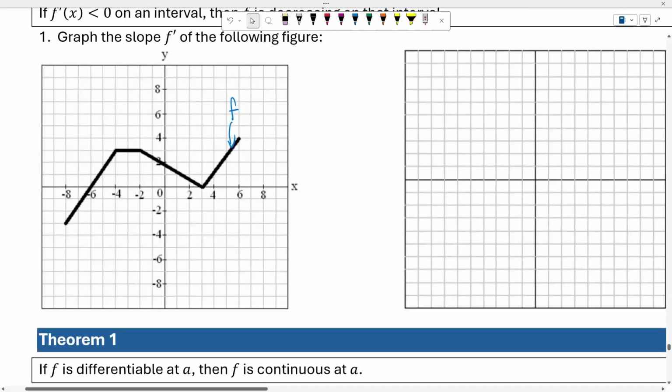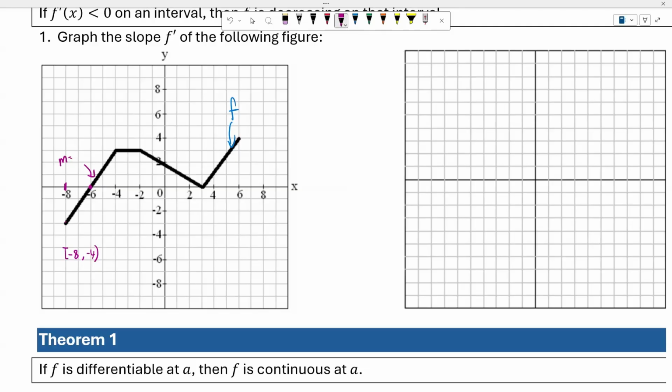Now let us look at the following example. For x in between -8 and -4, what happens to the slope?